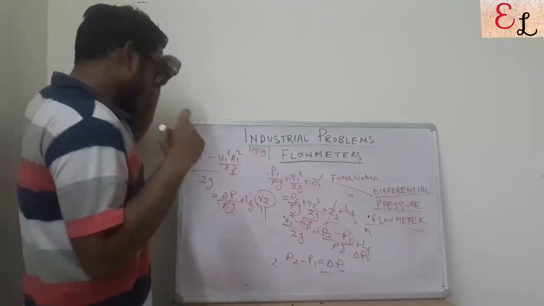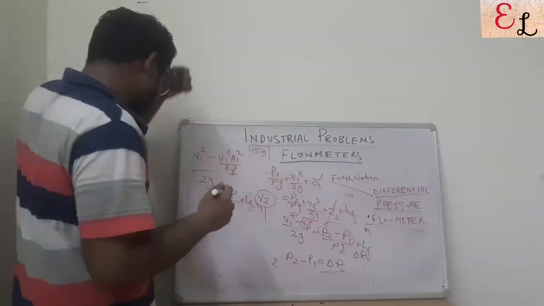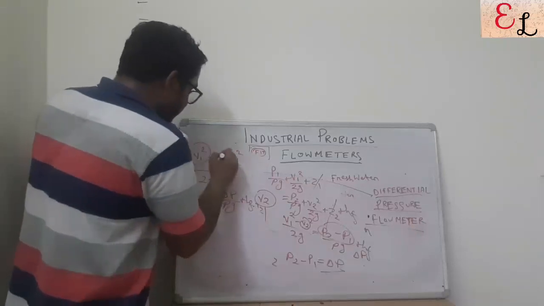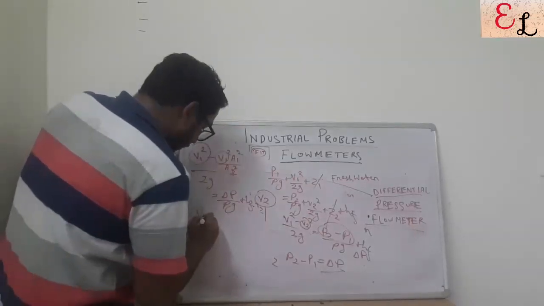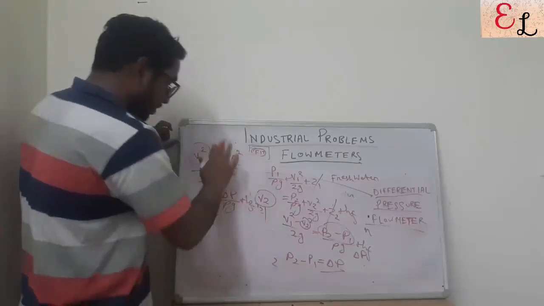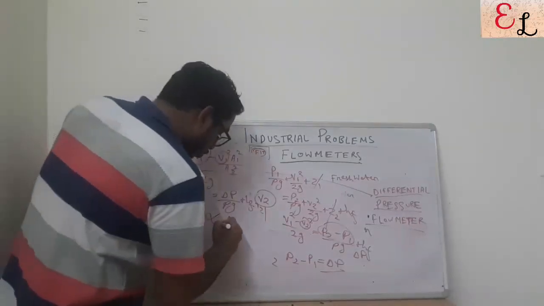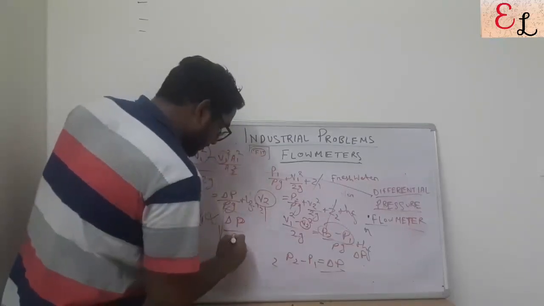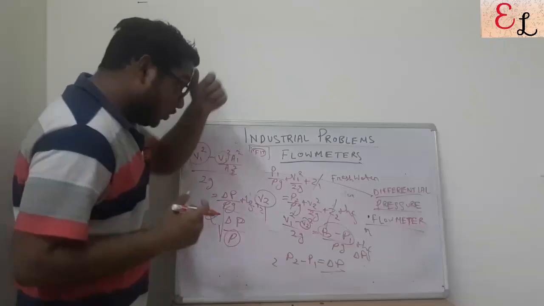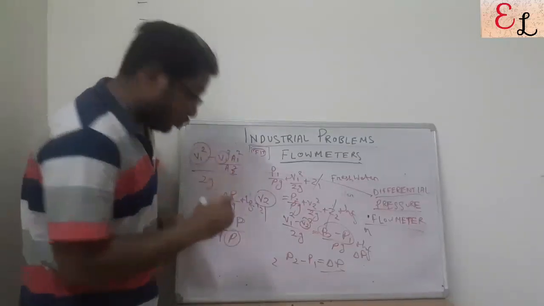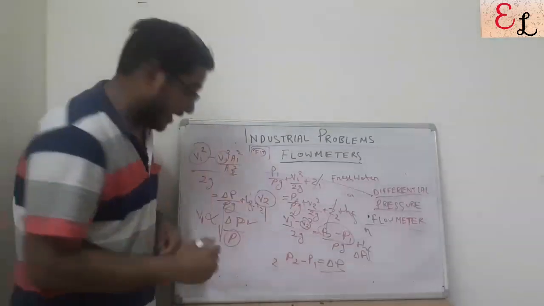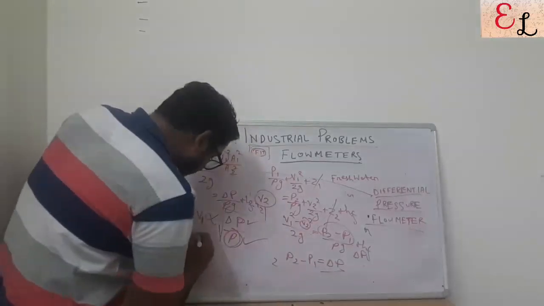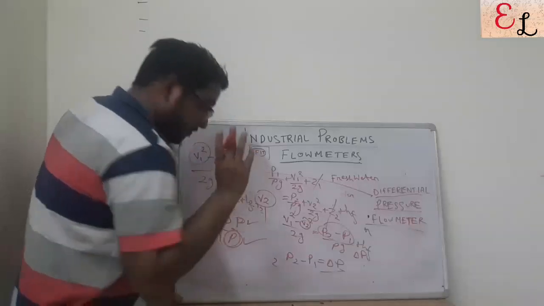So we see that if we make V1 the subject of the formula, V1 will be directly proportional to the root of delta P by rho. This is the pressure difference, and this is the density. We often do not consider that it is not only the pressure difference that is the judging factor, but the density is also the judging factor. Now Q1 is nothing but V1 into A1.